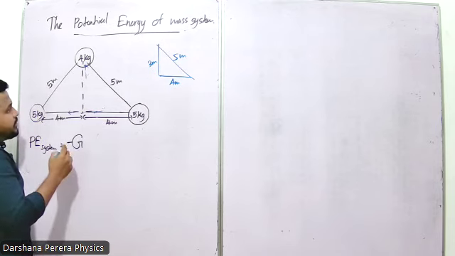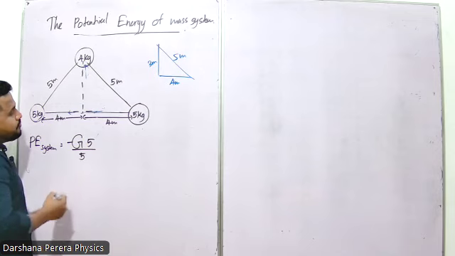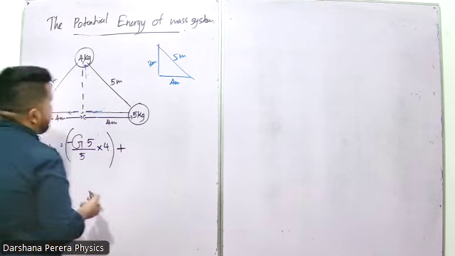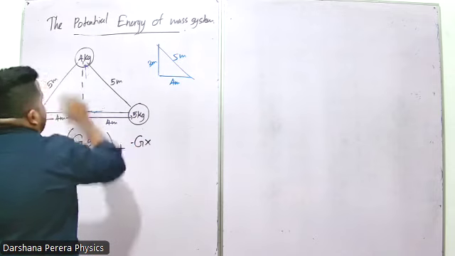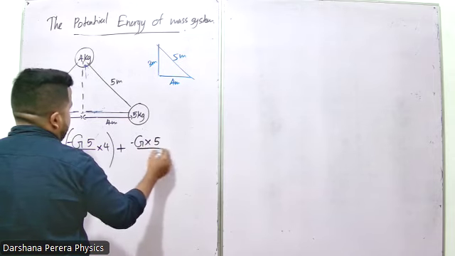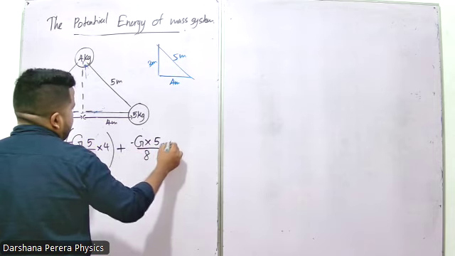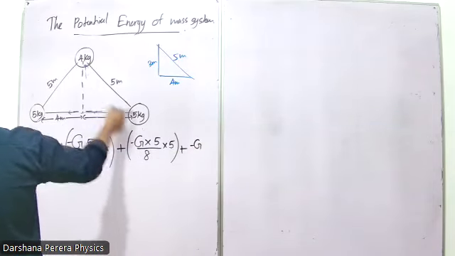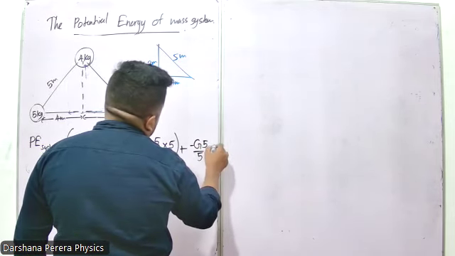So minus G 5 over 5 into 4, plus minus G. I produce this one 5, the distance is 8, plus minus G 5 over 5 over 4.